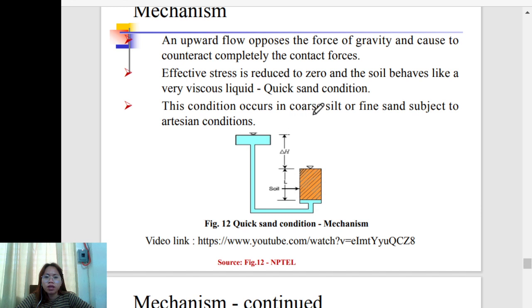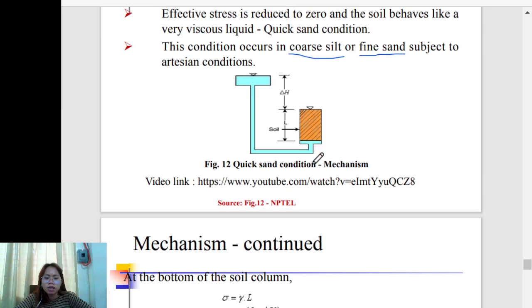This condition occurs in coarse silt or fine sand subject to artesian condition. So this is the mechanism of a quicksand condition. To better understand this one, you may click this YouTube link. There is a video about this quicksand.